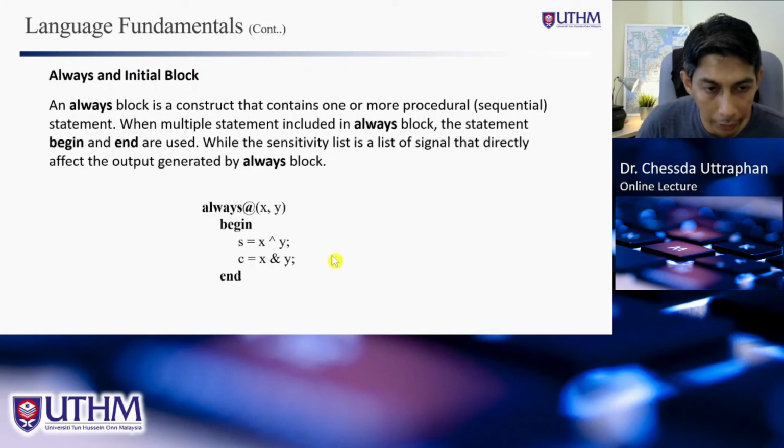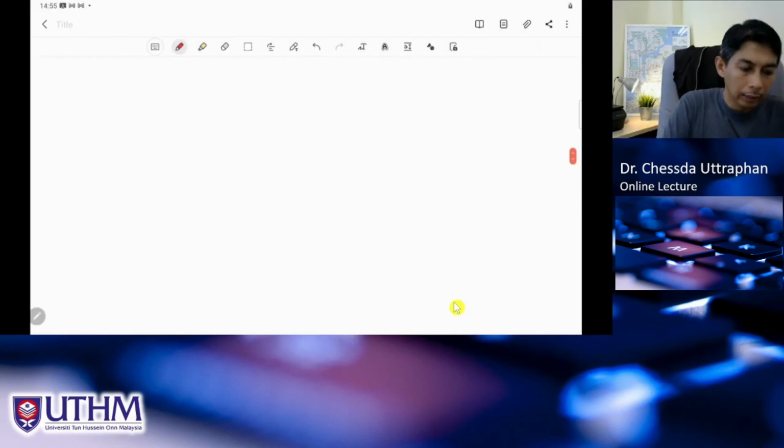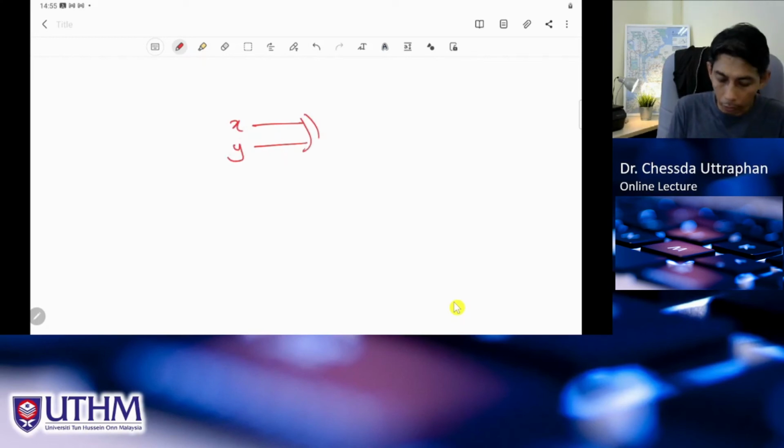So this will be synthesized into a circuit, yeah, x or y, very easy, where we have x, y, we have x or, and then we have s, right?